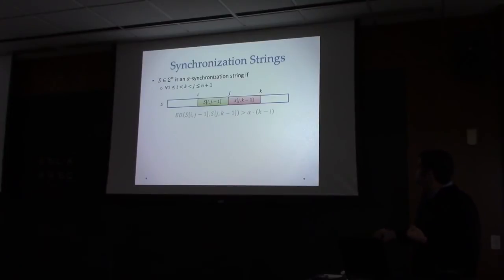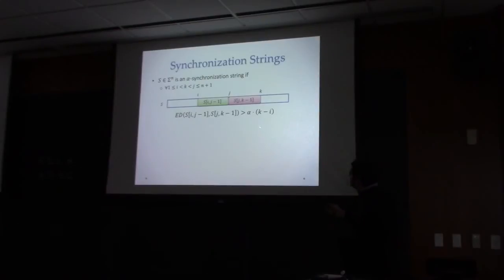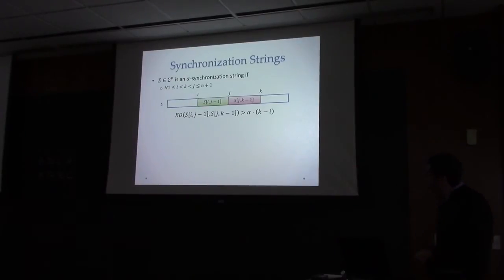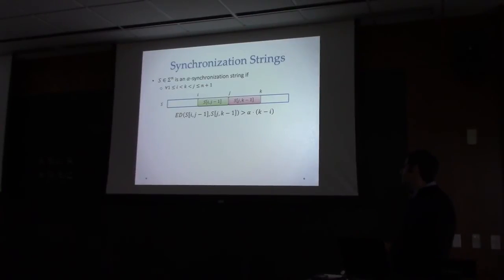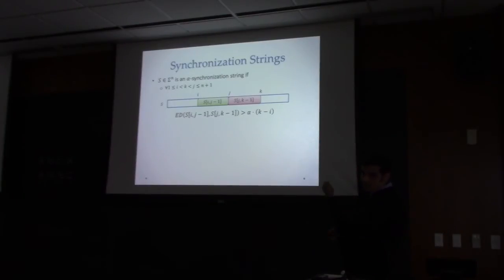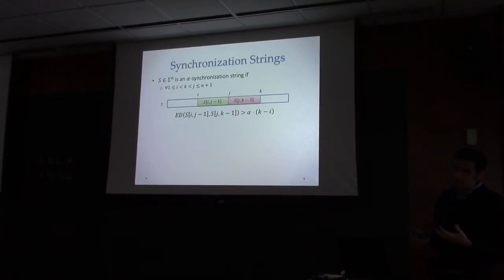S is an alpha synchronization string if the edit distance of these two substrings is larger than some constant factor of the overall length of this interval. So this is a very simple definition. I'm going to show that if a string has this property, it can be used as a good candidate for the problem that we saw in the previous slide. And after that I'm going to show that these kinds of strings can be constructed pretty fast, efficiently.